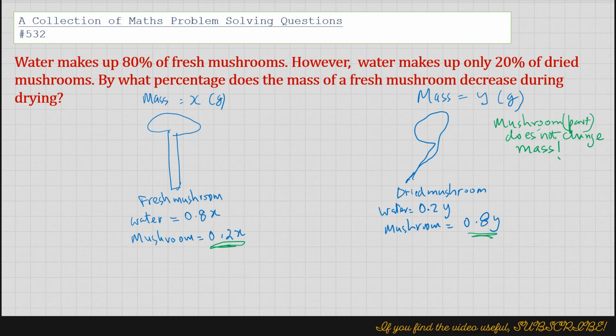So therefore 0.2x equals 0.8y, x equals 0.8 divided by 0.2 y, x equals 4y.